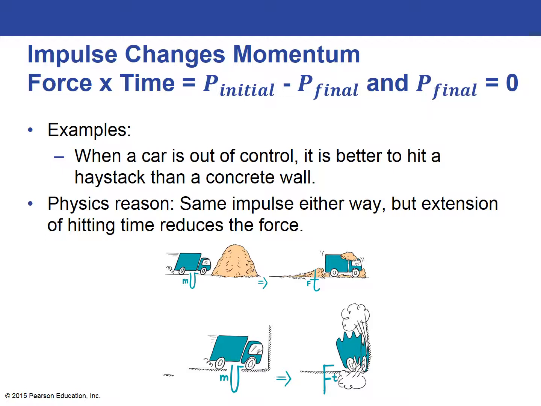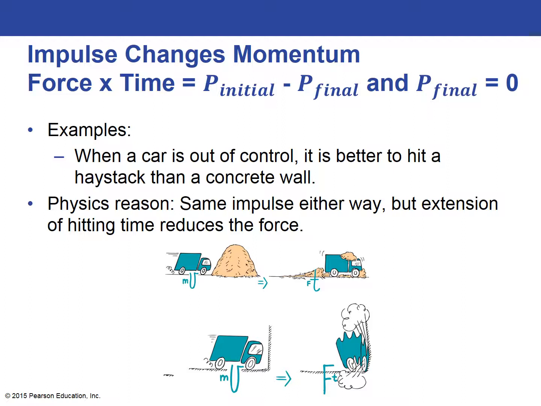I want to point out in this particular slide, you see two examples of a truck that is coming to rest, or stopping, after it started with some initial velocity, which we will call V. V could be like 20 miles per hour. And it's going to come to rest in entirely different ways.